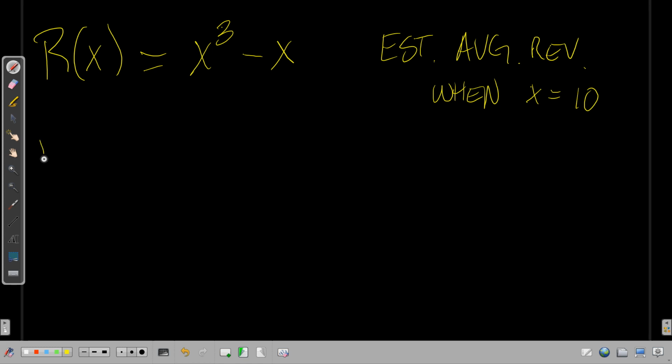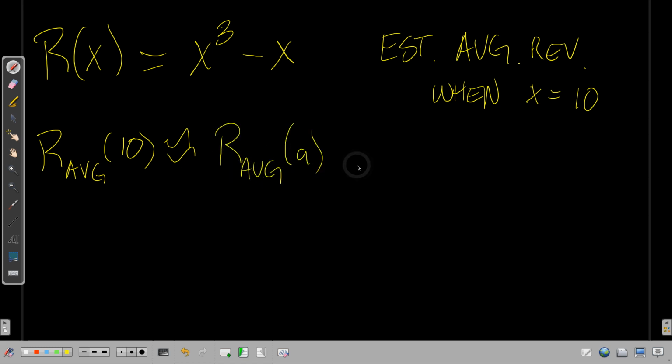Then I'm going to end up using the fact that the average revenue function at 10 should be approximately the average revenue function at 9 plus the marginal average revenue function at 9.